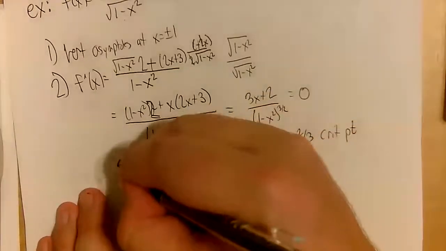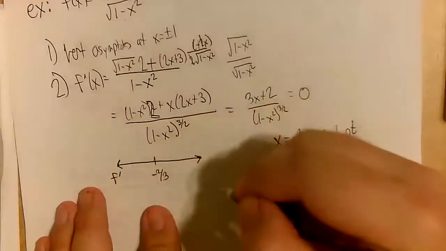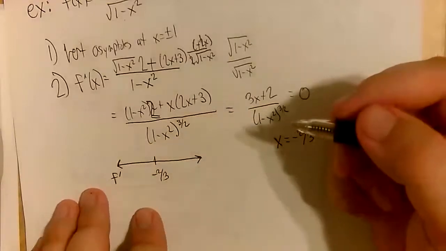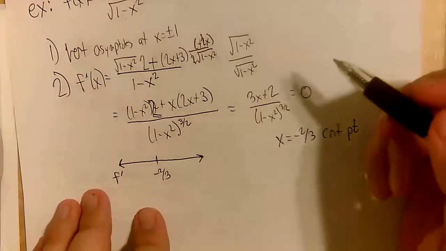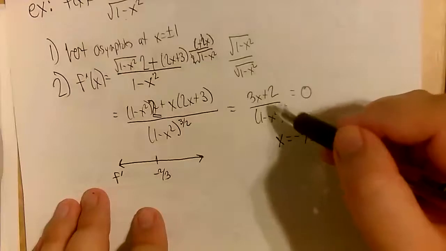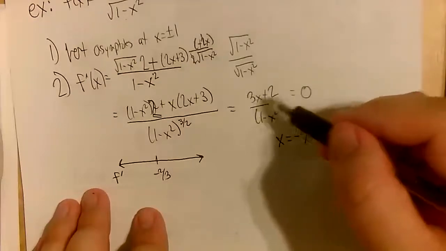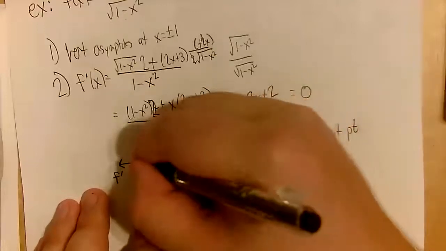So let's go ahead and draw our number line. We have negative 2/3. Let's go ahead and plug in something less than negative 2/3, like, well, I guess negative 1 would be a problem here. Maybe like negative 3/4. That would end up giving us something negative.